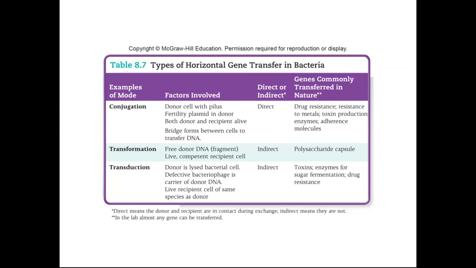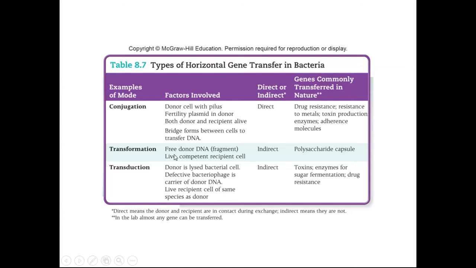And then during transduction, a piece of DNA from the donor cell is removed by a virus that infects bacteria, a bacteriophage, and then that bacteriophage serves as a vector, or an intermediate carrier, that will carry the genetic information from cell A to cell B.